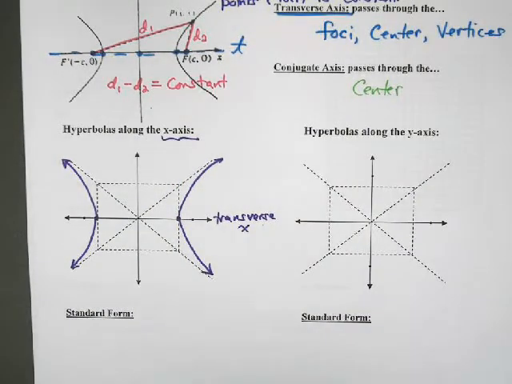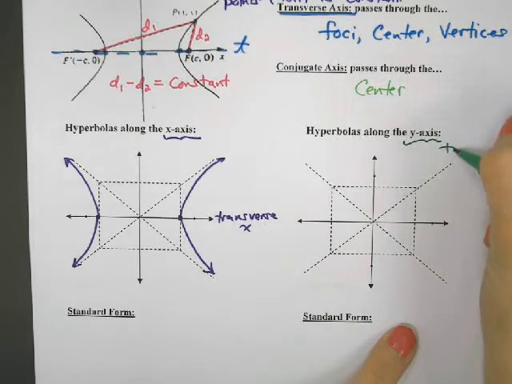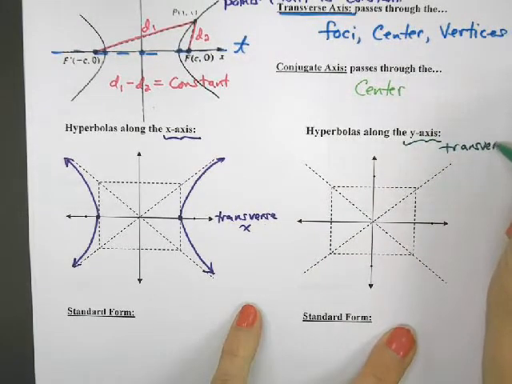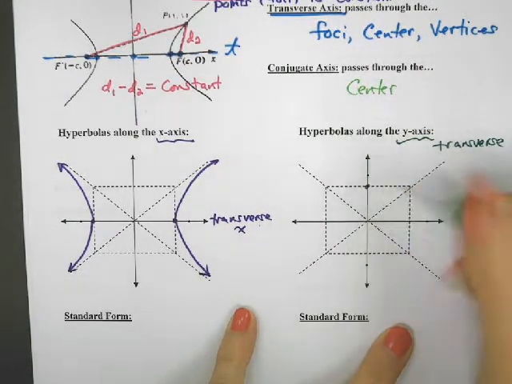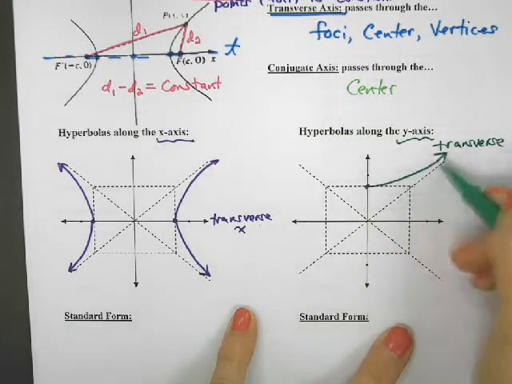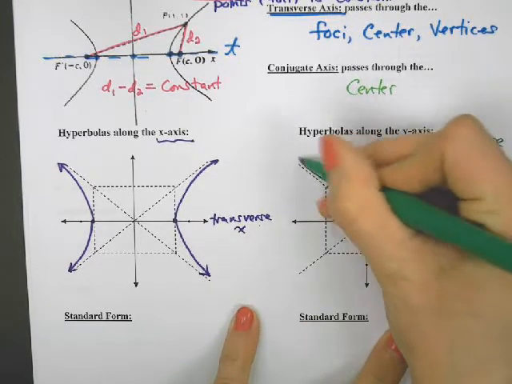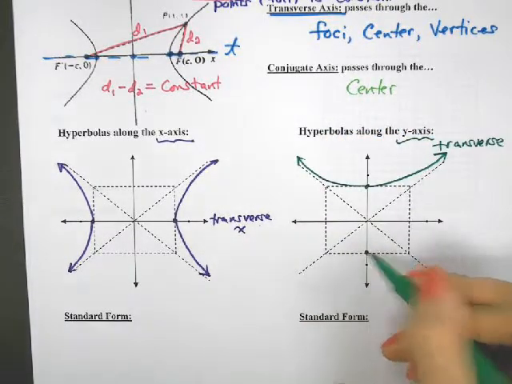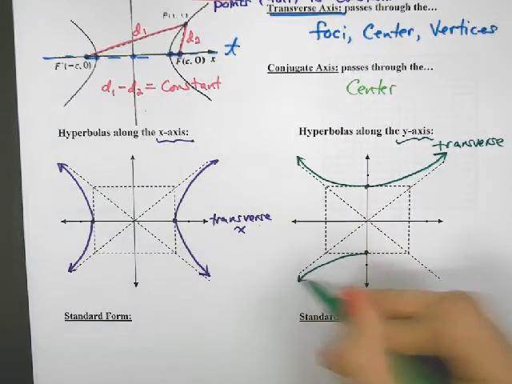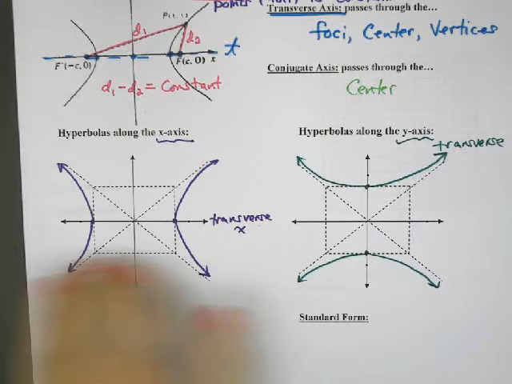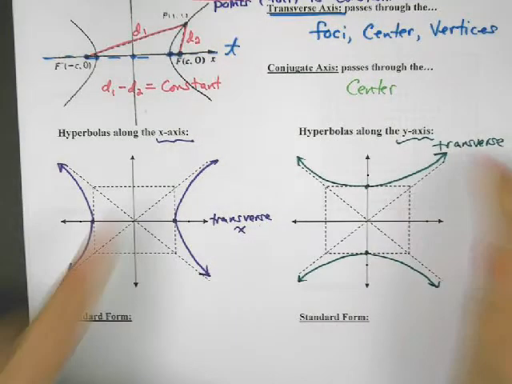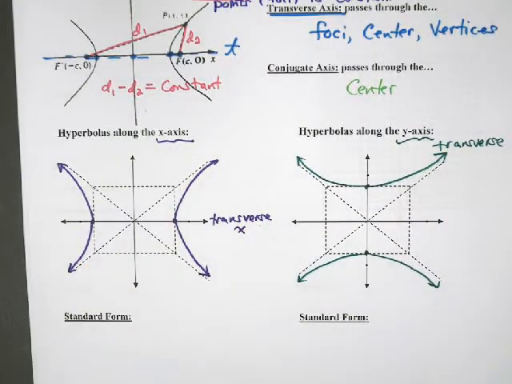If the hyperbola is going along the y-axis, then that's y transverse, so the hyperbola is going up and down. Put a point on the edge of this rectangle and follow these asymptotes. Those asymptotes help you draw either a very skinny hyperbola or a very wide and fat hyperbola. So hyperbolas can be going left and right or up and down, depending on the transverse.